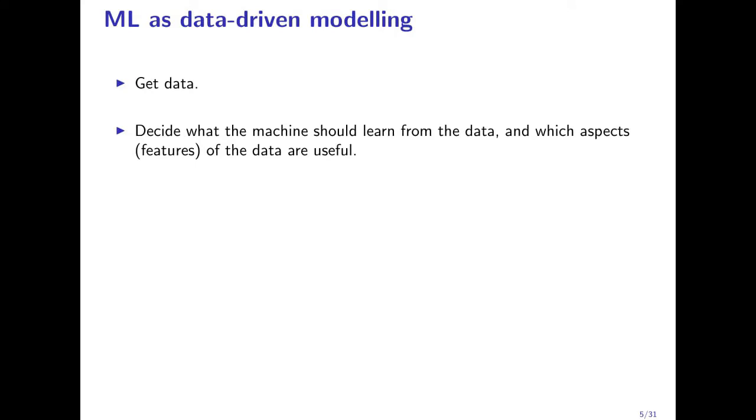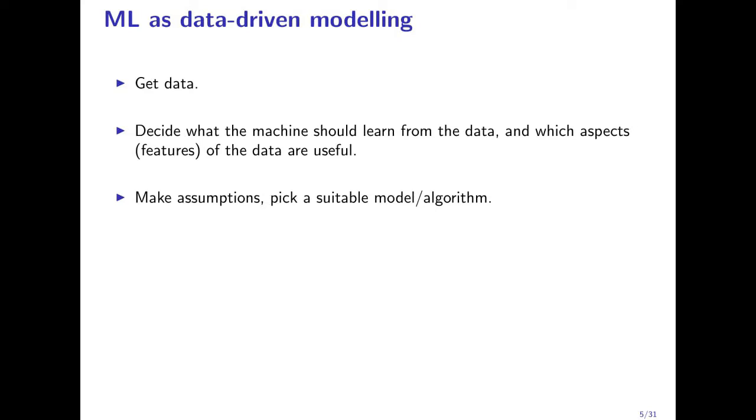What aspects of the data do we think are useful for this? Things like that. Then, of course, the very important thing to do in modeling is to make some assumptions. Whether you do that explicitly or implicitly in the models that you choose or the relationships that you think are present in the data. So you pick a suitable model or algorithm.